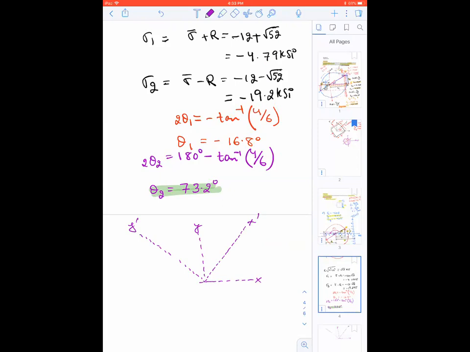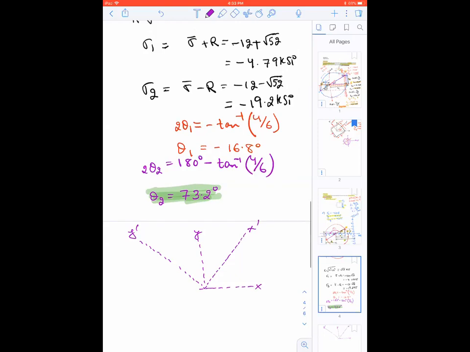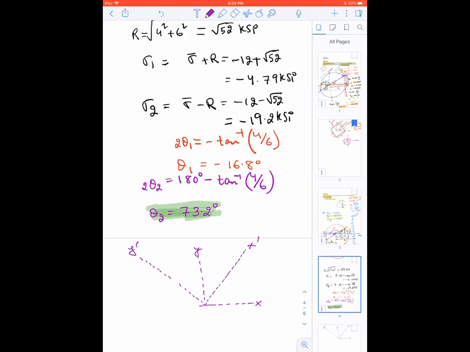Now, if you choose theta 2 and draw the angle, and if you choose theta 2 to draw your element, remember theta 2 corresponds to sigma 2. So the stress in the x prime face, this angle is 73.2 degrees, okay?